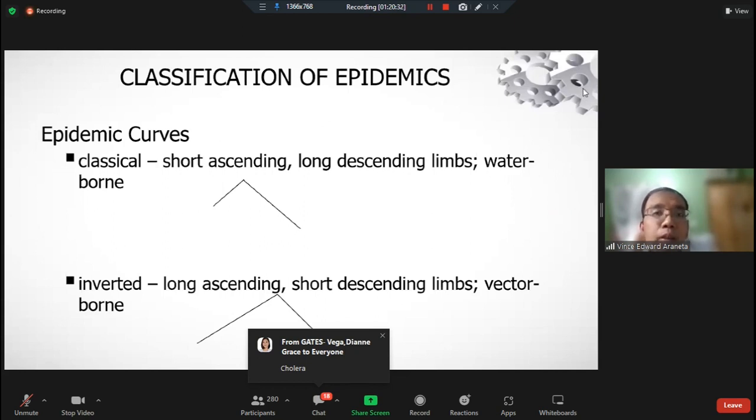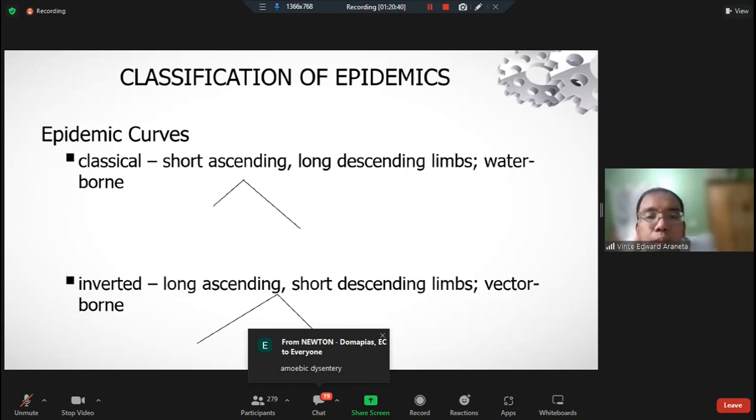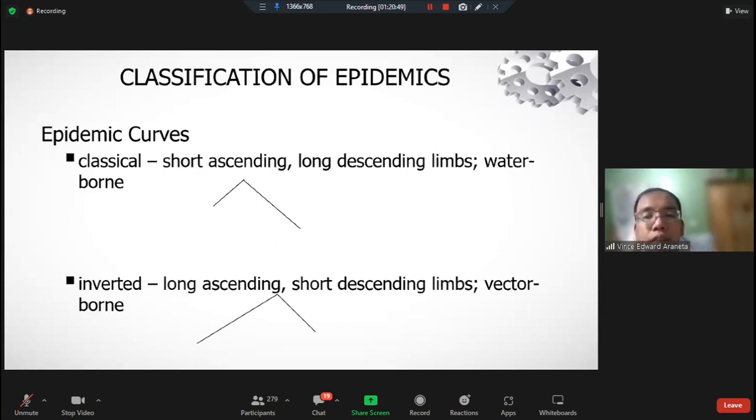For example, an epidemic of cholera would result in a classical epidemic curve. Yeah, amoebiasis. Or even diarrhea caused by E. coli. Even schistosomiasis can be considered.